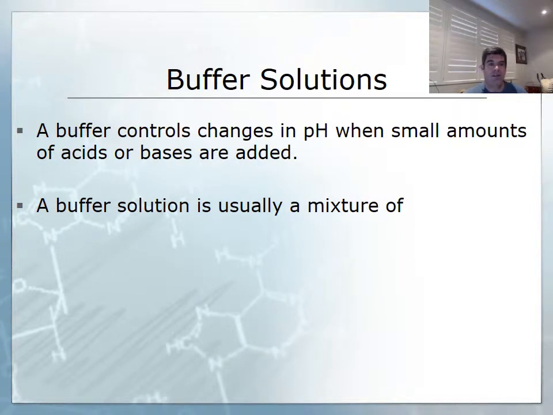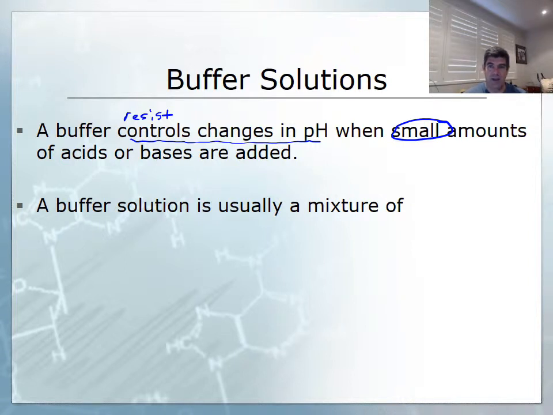So firstly, we need to understand the concept of a buffer solution. The important thing about a buffer solution is that it can control changes in pH. It's an equilibrium system designed to resist changes in pH, but only over small quantities of acids and bases.